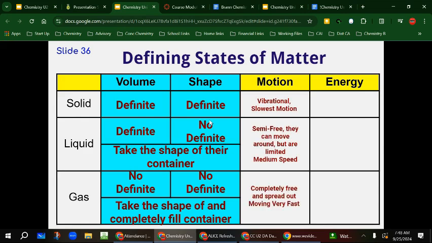solids normally have the slowest motion, and all they can do is vibrate back and forth. If we were to take this row and slide them over until your desks are literally touching this middle row, and then did the same with you guys, no one would really be able to move much.